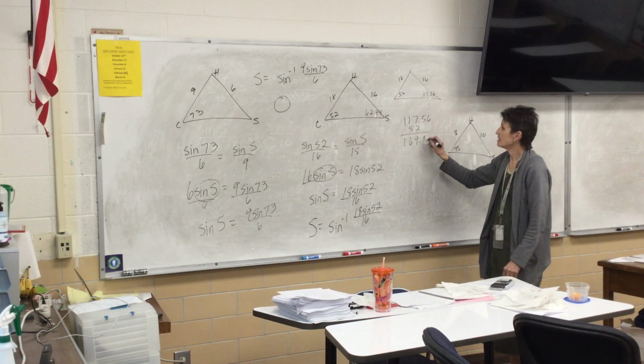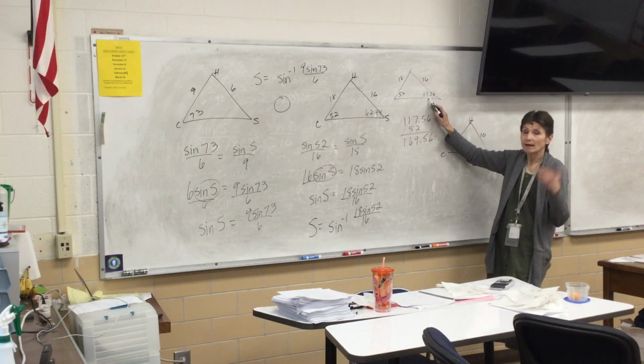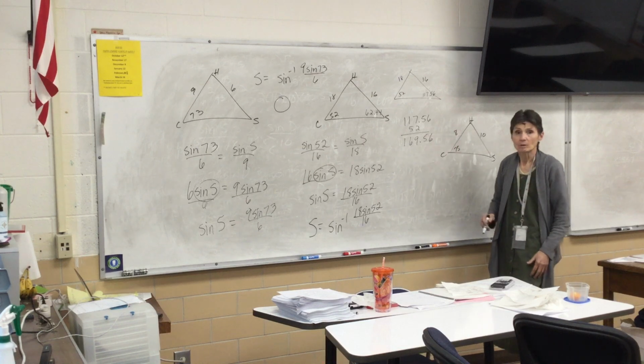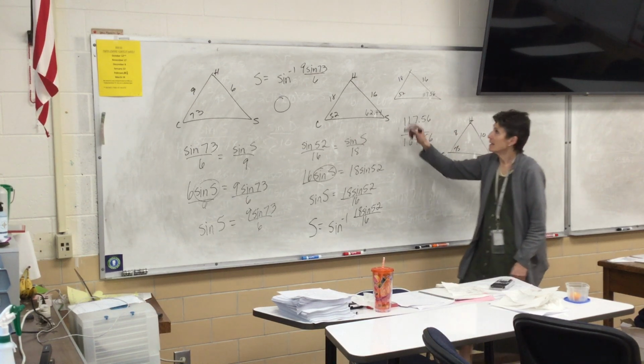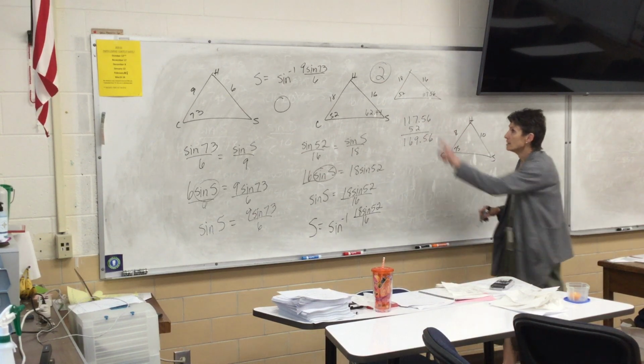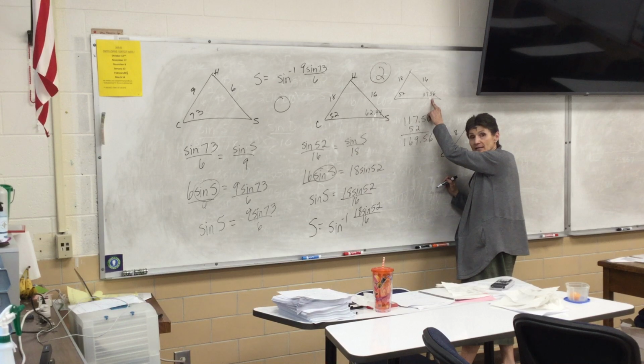Is that okay? It sure is, because these two add up to less than 180. So they're good to go. So this problem has two solutions. The one with a 62 angle and the one with a 117 angle.